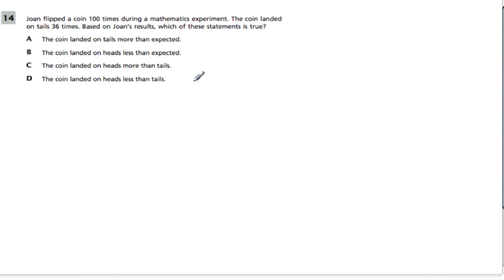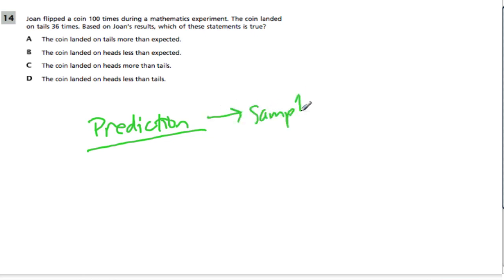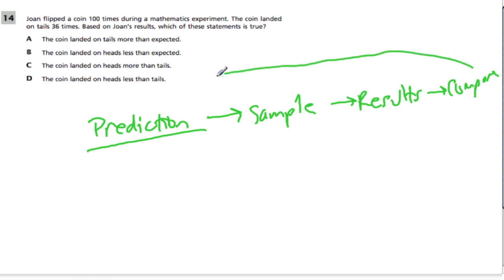And also, when you sample something, you probably have some kind of prediction attached to your sampling. And whenever you make a prediction, you sample, and then you have results from the sampling, and then you compare those results to your prediction.